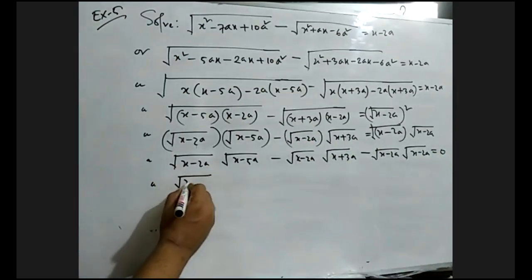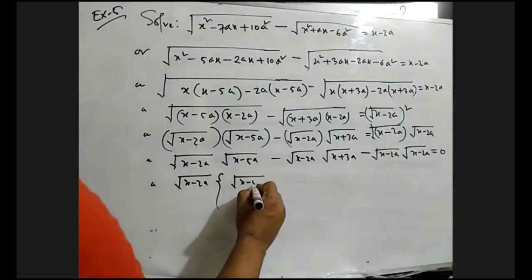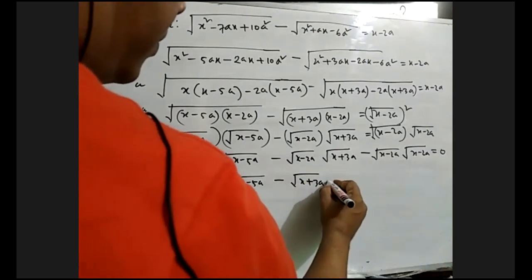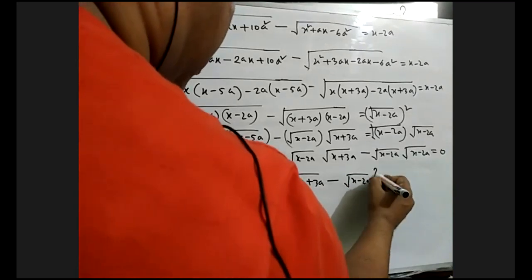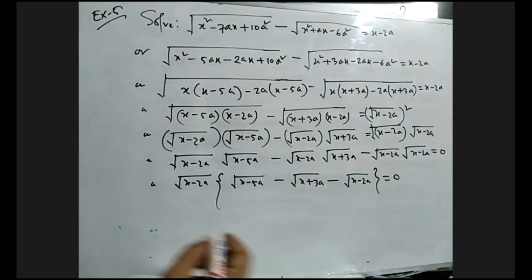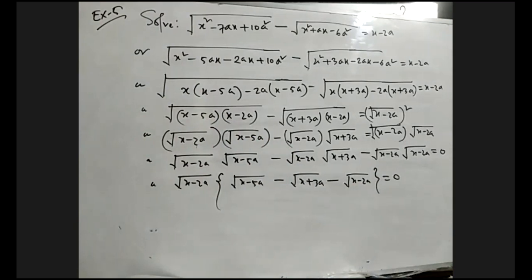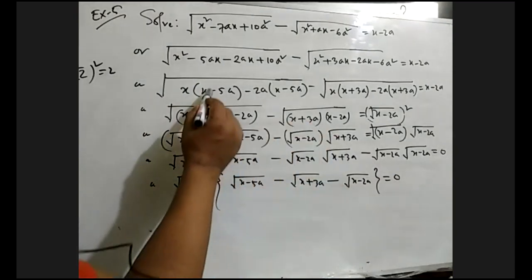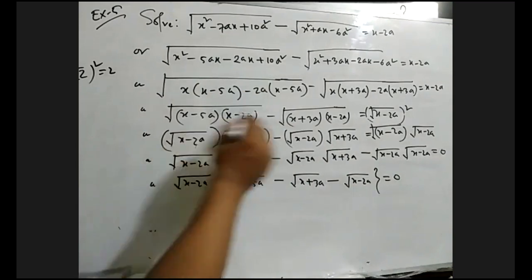So root over x minus twice a will be common. Root over x minus 5a root over x plus 3a minus root over x minus twice a equals 0. Okay, now just factorization.